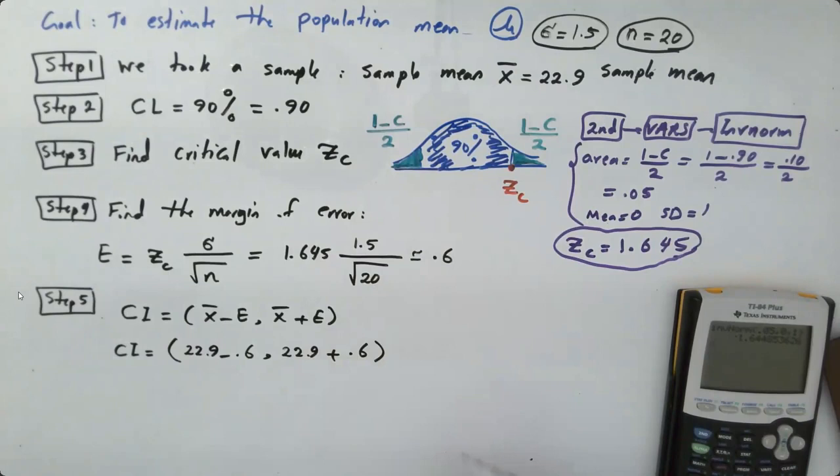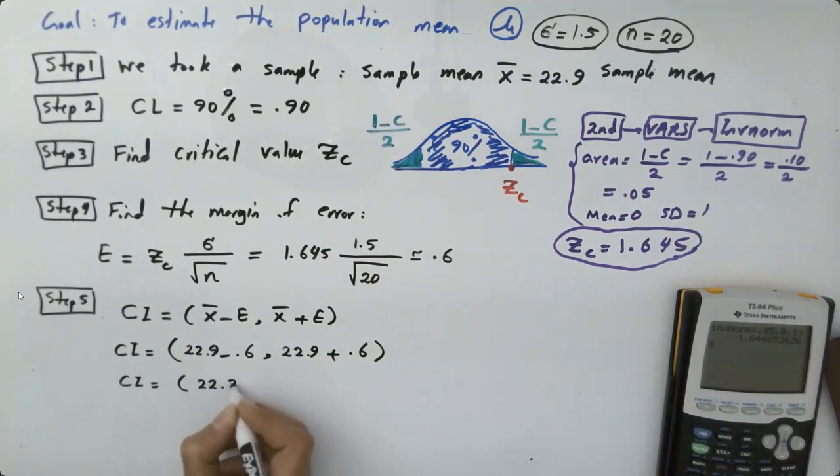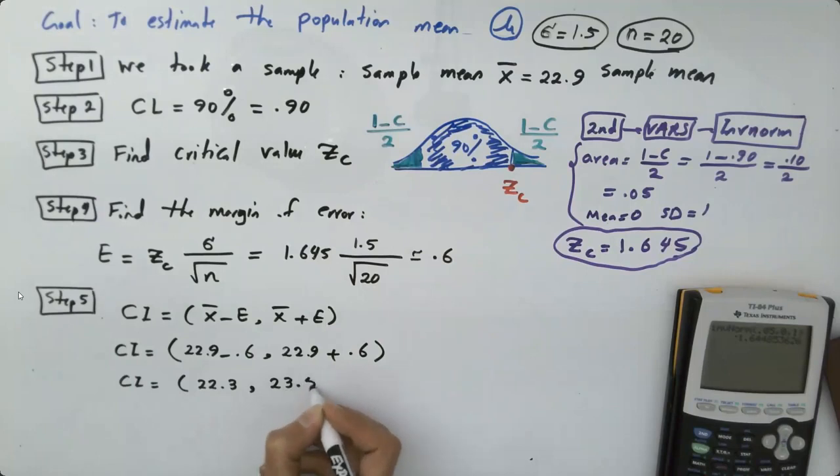In this case, your confidence interval is 22.3 years, comma, 23.5 years.